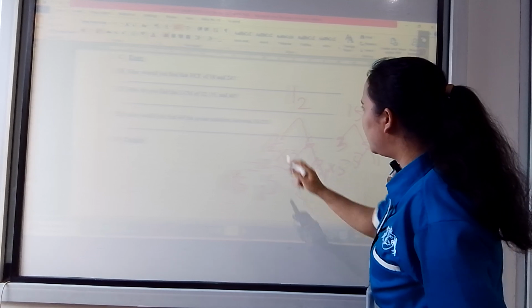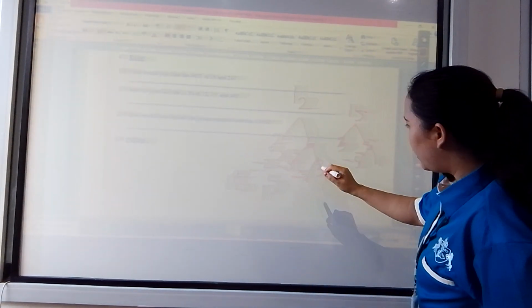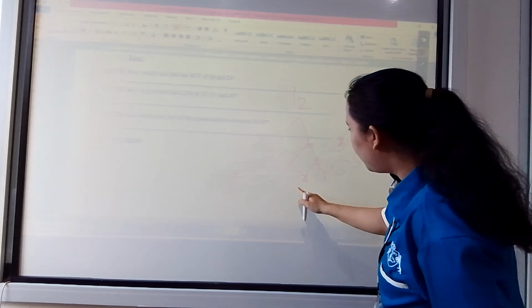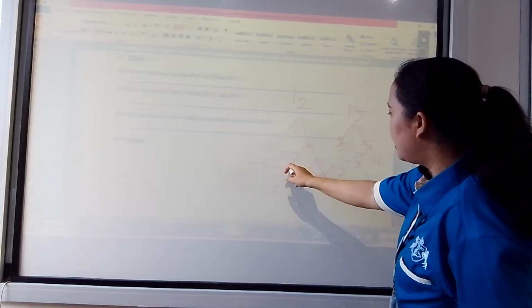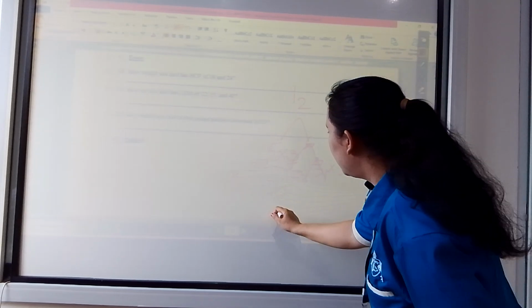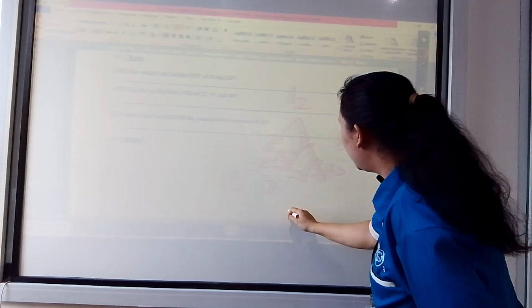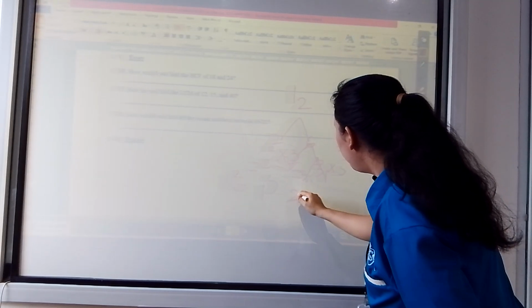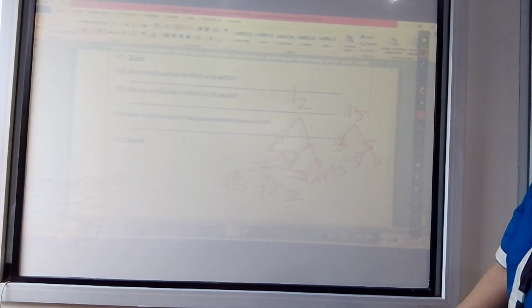So how to find the least common multiple? We need to find the number that has the highest exponent. The highest exponent for 2 is 2 squared, there is no 2 cubed, actually. 2 to the power of 2 only.